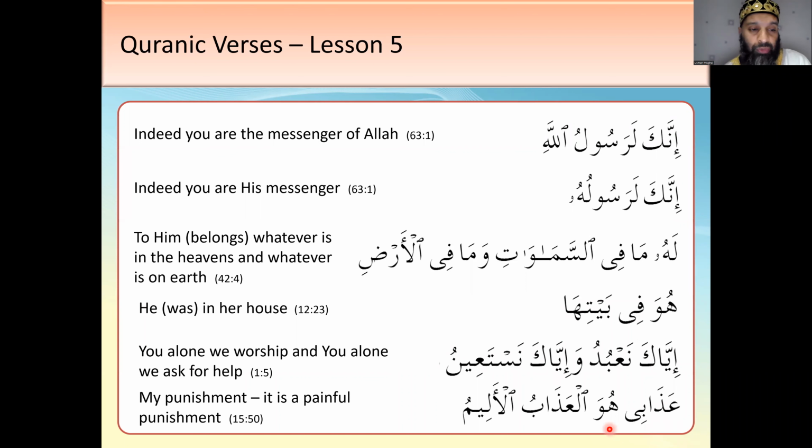Huwa, it is. Al-adhabul alim. Al-adhabu, literally, the punishment. Al-alimu, right, the painful. So, my punishment, it is a painful punishment. That's how it's been translated, so I'm just going to translate it the way it's been translated there.